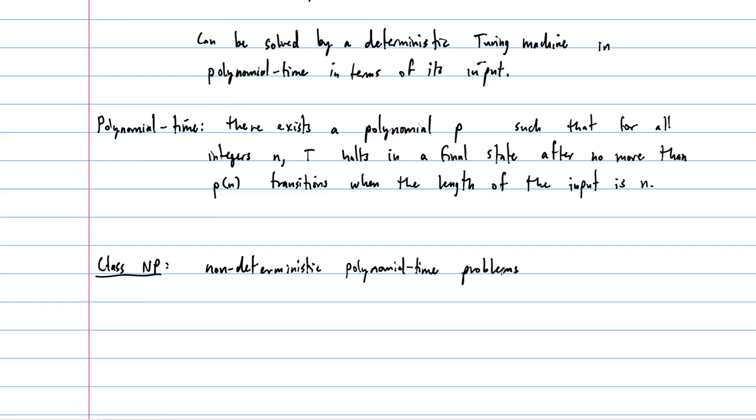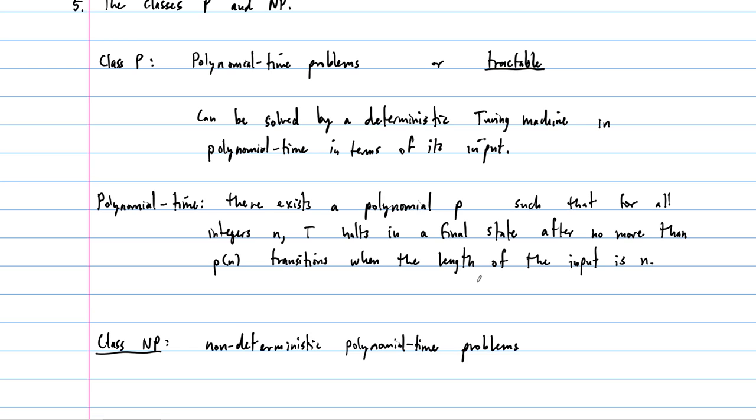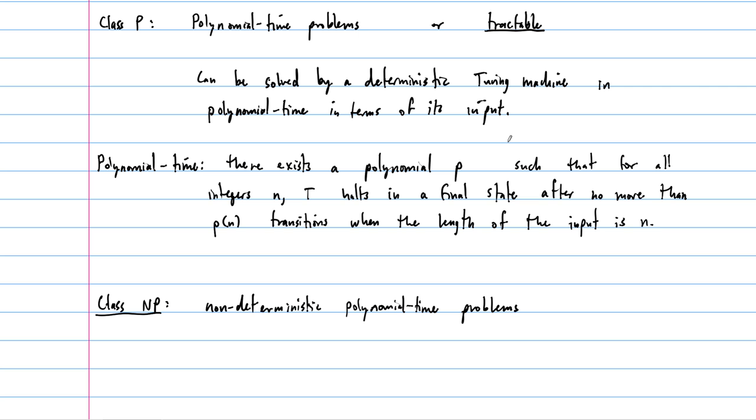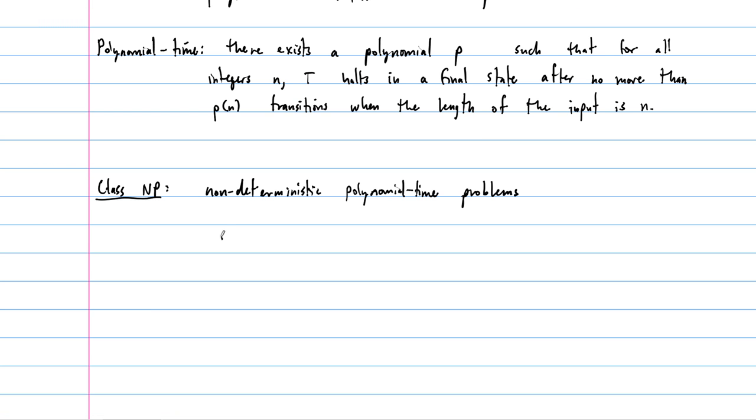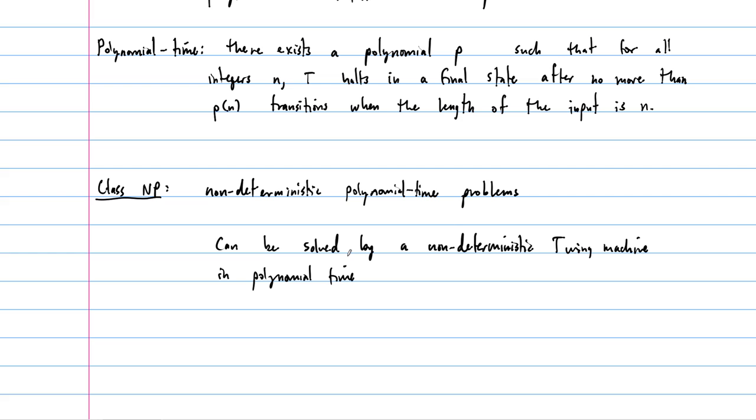And these ones, you can probably guess now, can be solved by a non-deterministic Turing machine in polynomial time. Same deal, right? In polynomial time, in terms of its input again.